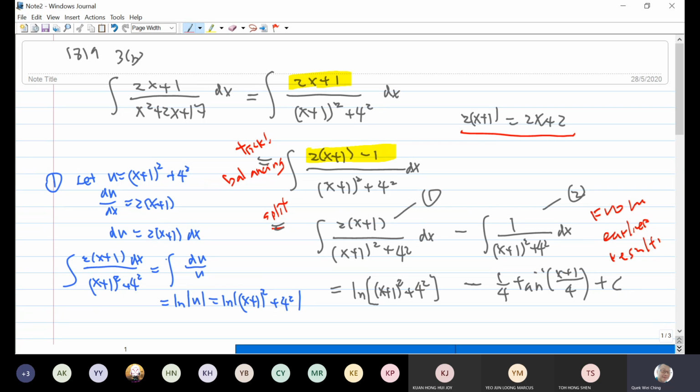The second term, straight away use the earlier part. Then the first term you have to do substitution. Here you have (x plus 1) squared plus 4 squared. Then everything comes out nicely. You can cancel the 2 times (x plus 1) away to become du.